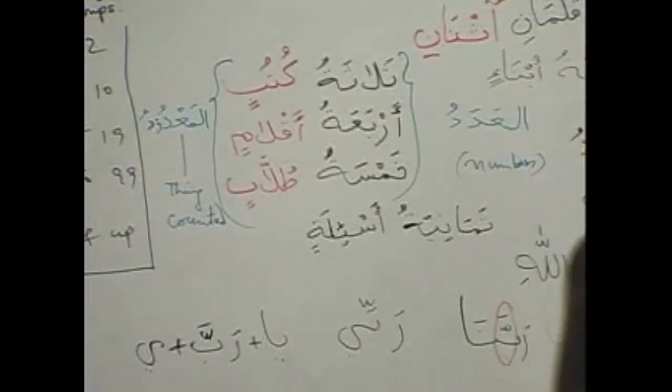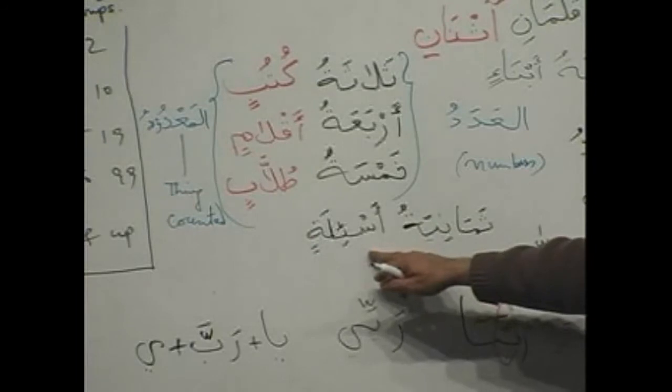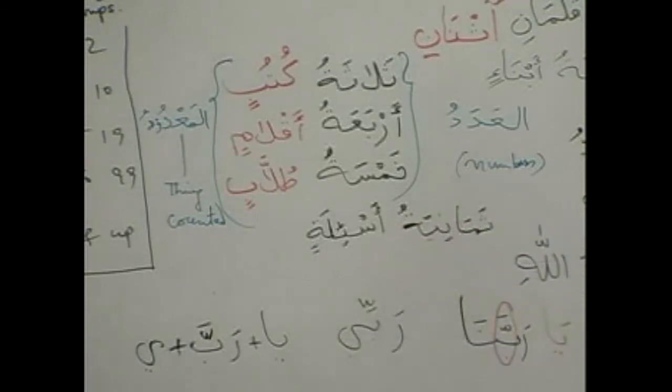Got the idea? Sister Nasreen? As'ilatin. Right? On the top, number 3 question: Ajib anil as'ilatil atiyati. Answer the following questions.